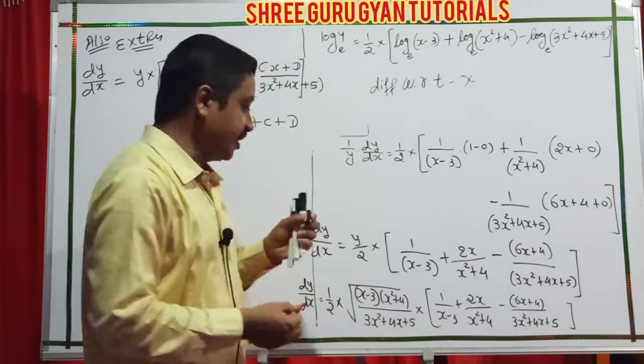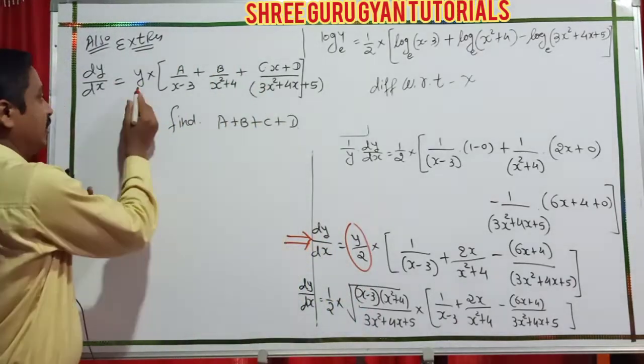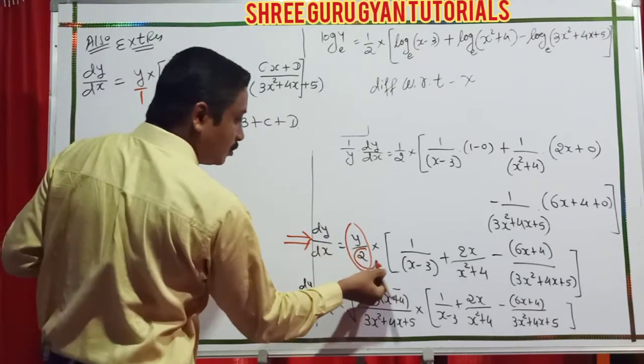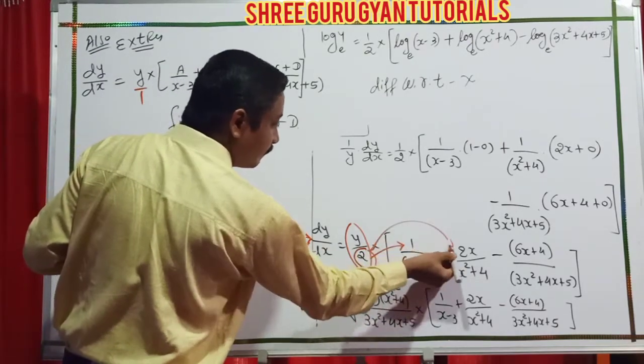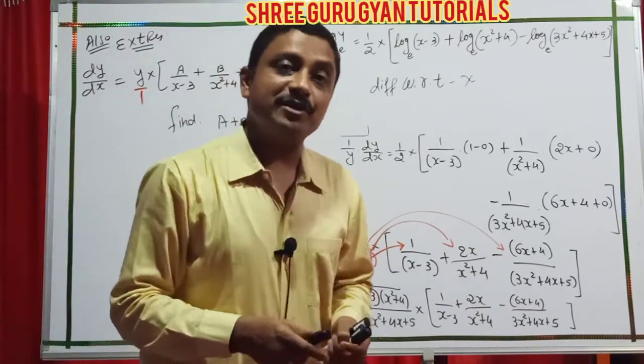And check here, it is y by 2. But in the given question, what? Only y by 1. It means this 2, you multiply inside. 1 by 1. So what do you get? A, B, C, D?